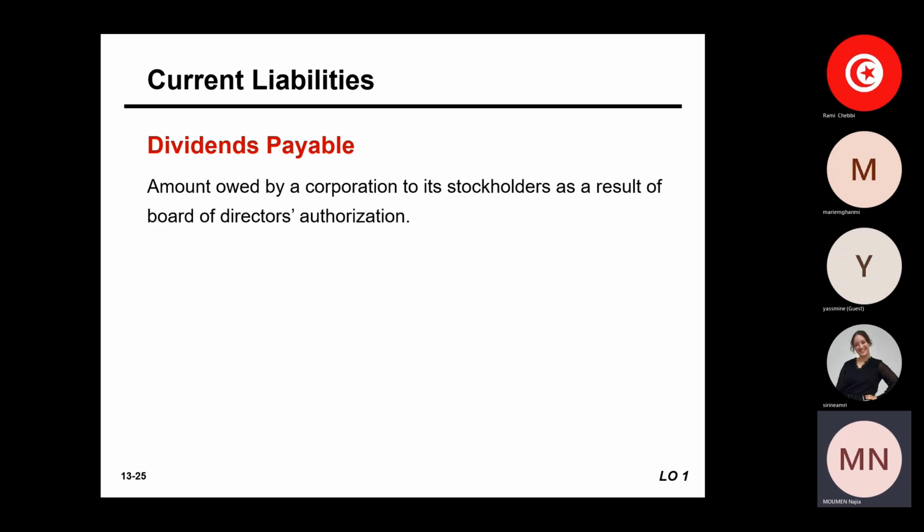If we apply the general definition of a liability to dividends, we have a present obligation: we will have to pay a certain amount to our stockholders. Why does this obligation arise? Because we have this past event, the authorization or declaration of the dividend distribution, and the settlement of this obligation will make me use some of my cash to pay off this amount owed.